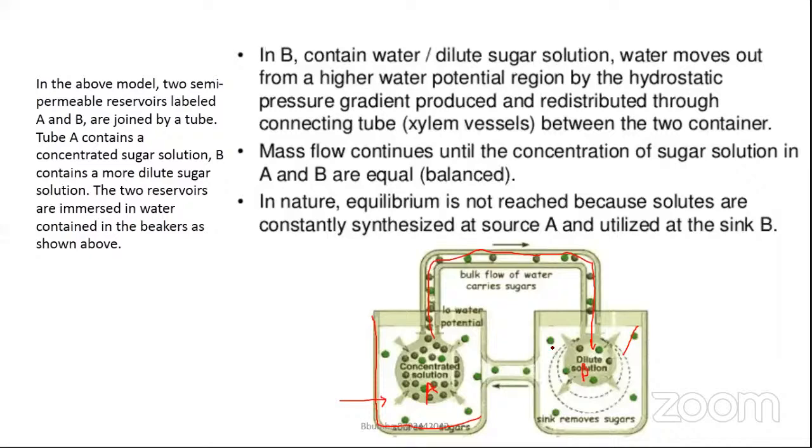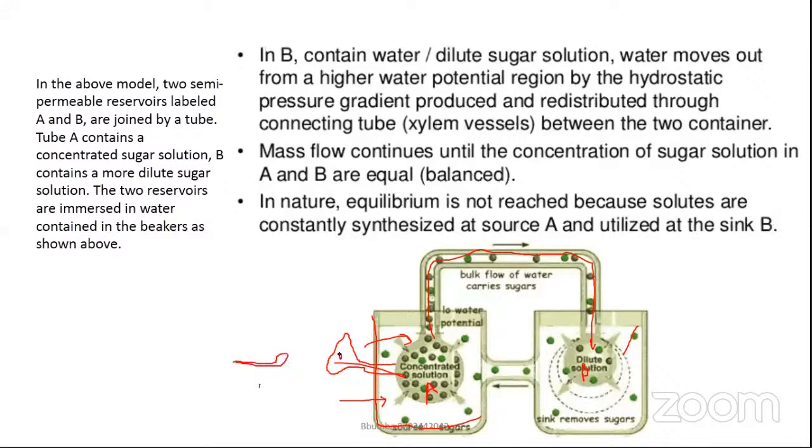Now, that can actually keep on working until the concentration in A and B is the same. But of course, this is never realized. So if you want to ensure a continuous flow or bulk flow of water that is carrying sugar, it means that you have to keep on adding sugars here. Maybe you could connect some kind of a funnel, so that you keep on adding sugar, I'm assuming this is your spoon.